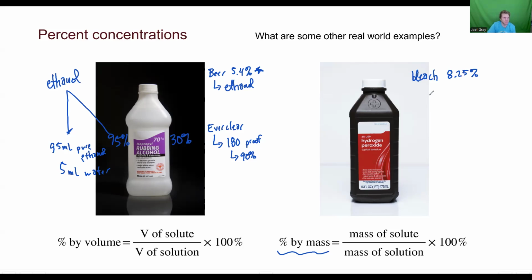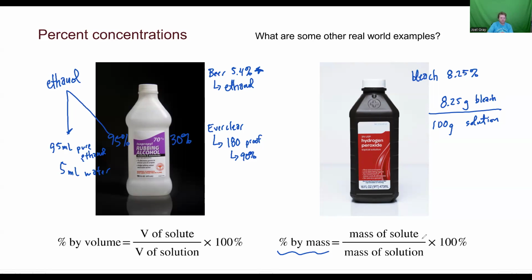So in this case, that would mean 8.25 grams of bleach is dissolved in a total of 100 grams of solution. So when you're doing a mass calculation, you determine the total mass of your solution.